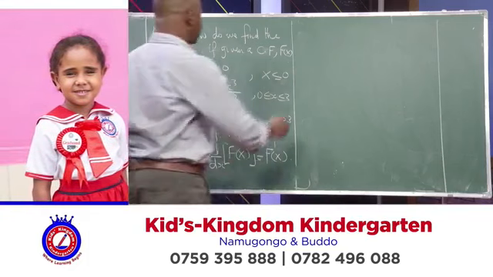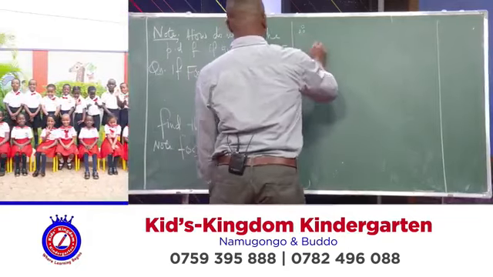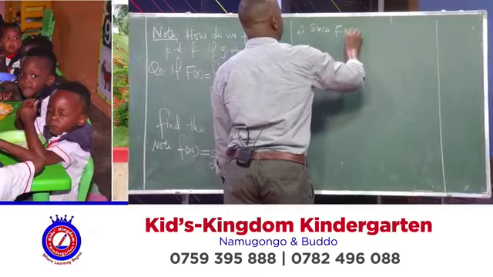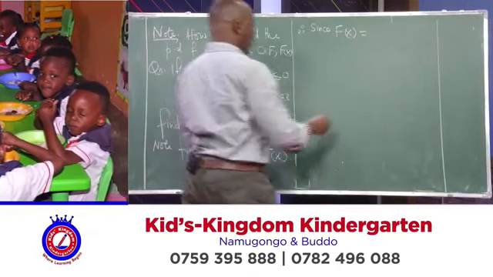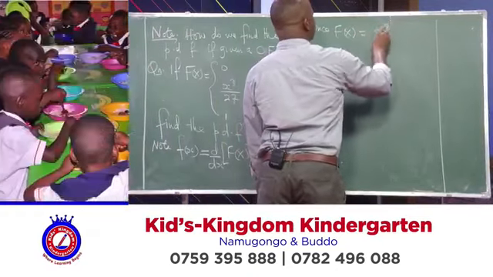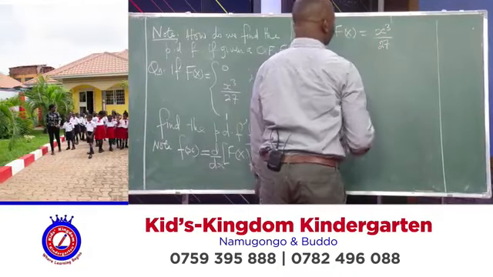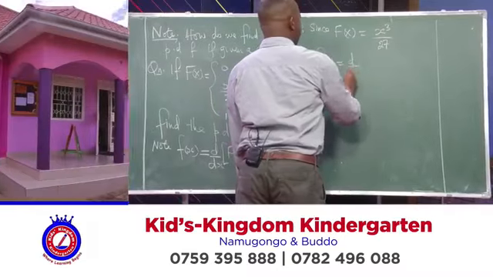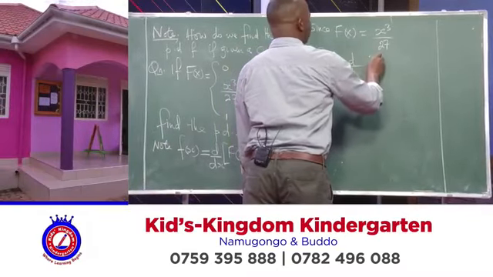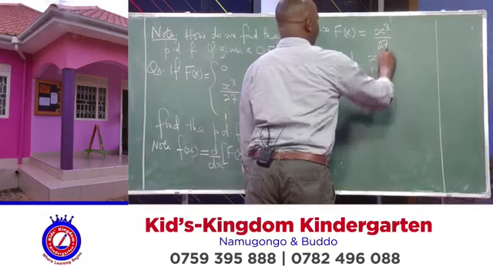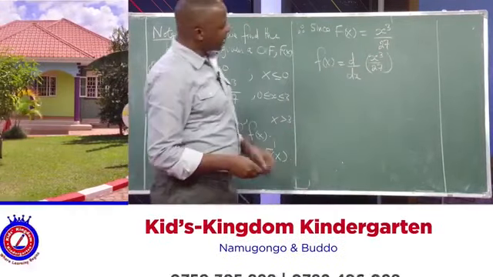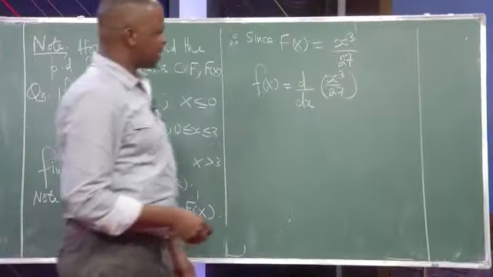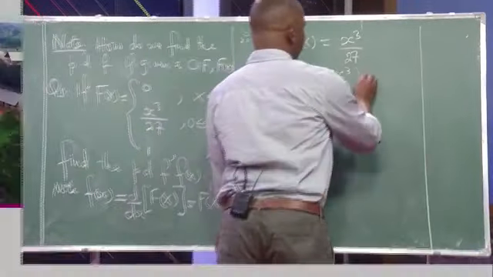And therefore, we can say that since our cumulative distribution function is given majorly as x cubed out of 27, our f of x is going to be d by dx of x cubed out of 27. We differentiate this, and differentiation is multiplied by the power and then reduce the power by 1.